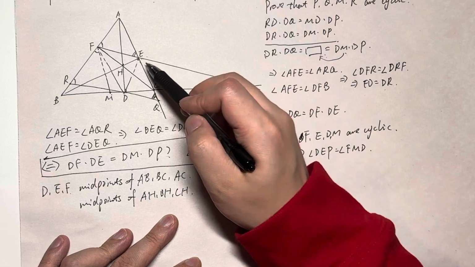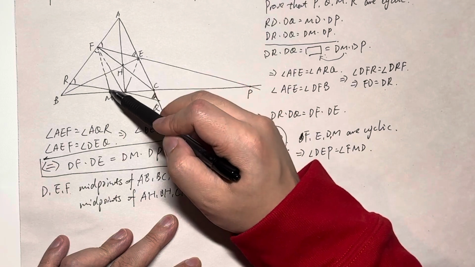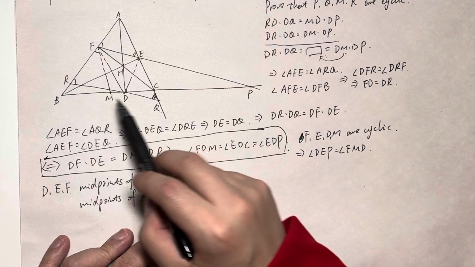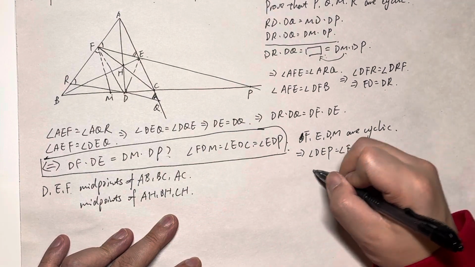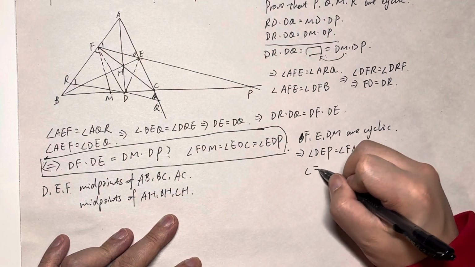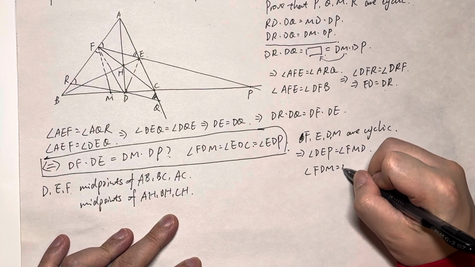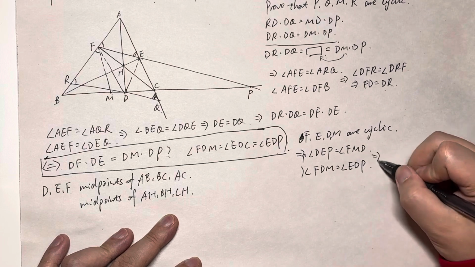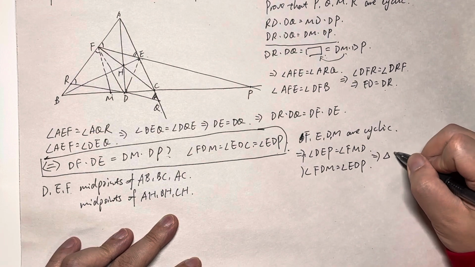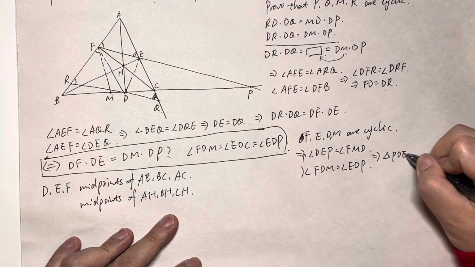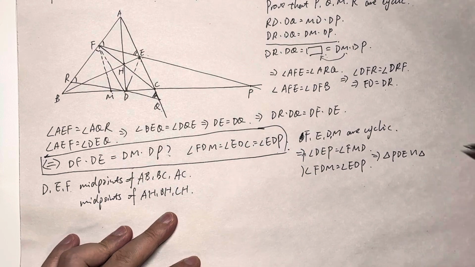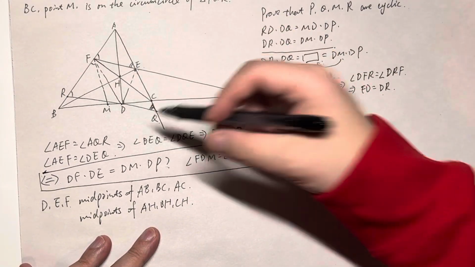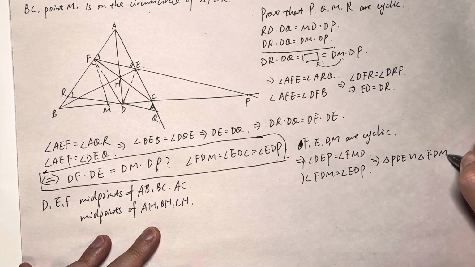Angle DEP, this one, equals to this one, FMD. And we already know that angle FDM equals to angle EDP, right? Based on these two, we can say that triangle PDE is similar to triangle FDM.